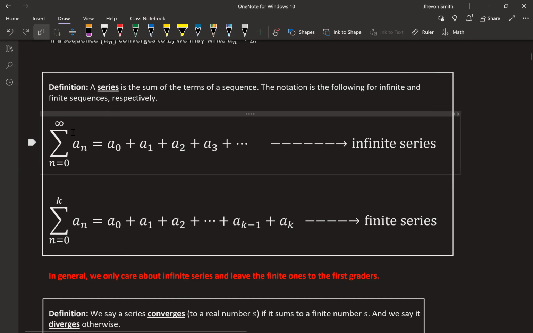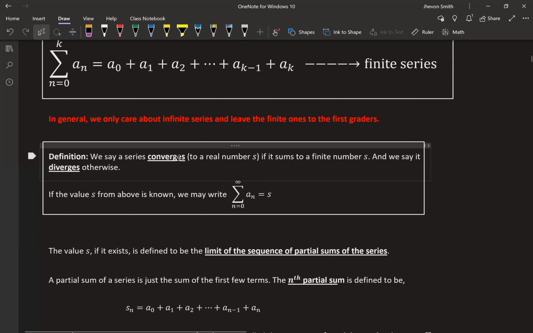So sometimes it turns out an infinite sum actually adds up to something and makes sense. When that happens, we say the series converges. And we say it converges to a real number S if the sum is a finite number S, and it diverges otherwise. When it converges, we can write the series equals that number, right?